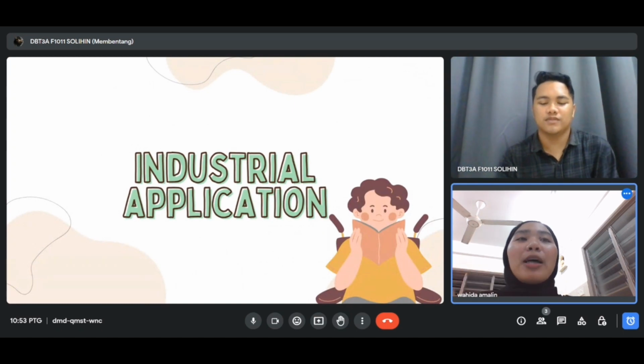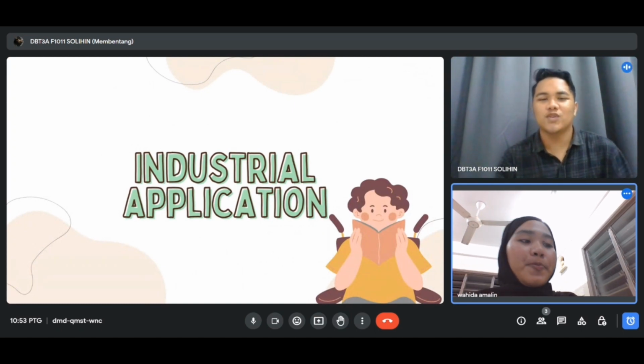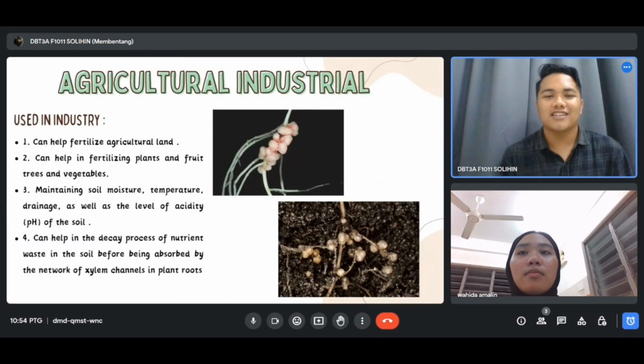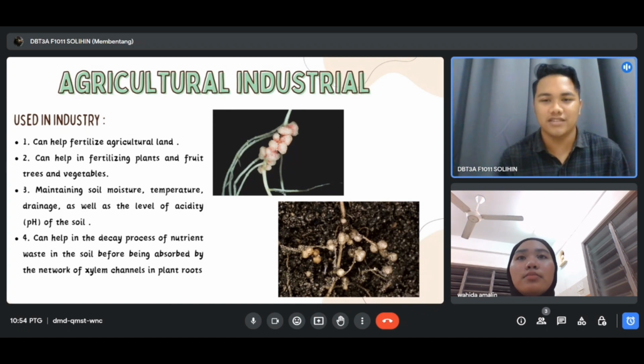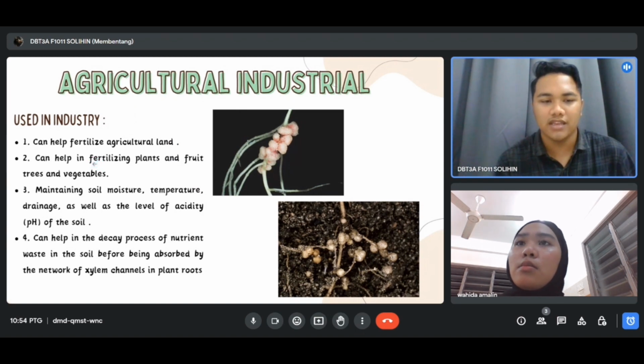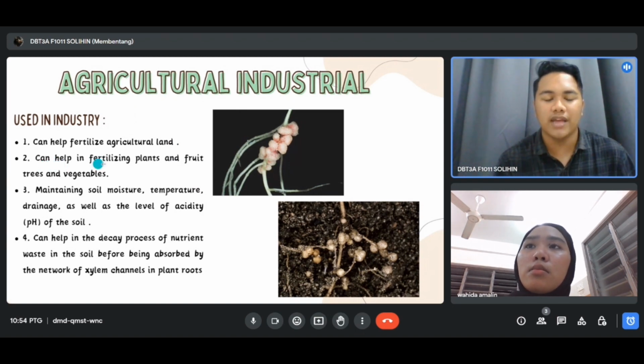Okay, this slide I pass to Amirul. So we move to the industrial application. The type of industry is the agriculture industry. They use Rhizobium as a fertilizer. As we know, Rhizobium can fertilize agricultural land, and can fertilize plants, fruit trees and vegetables.